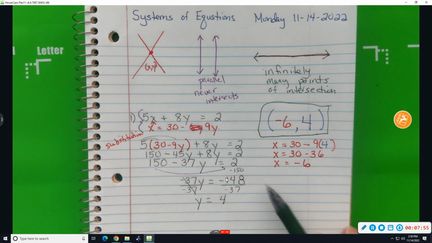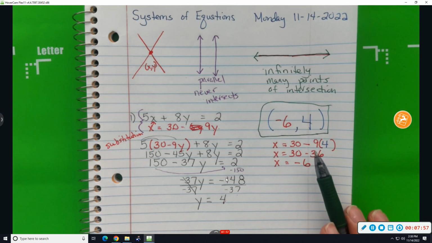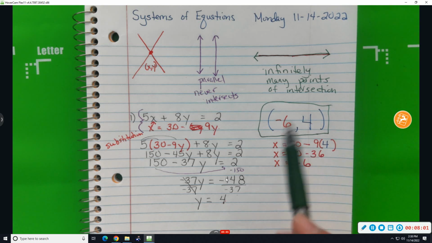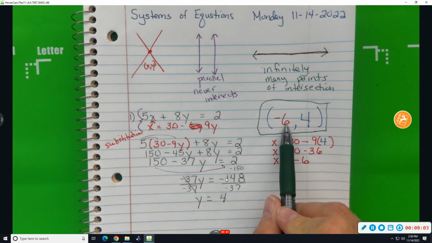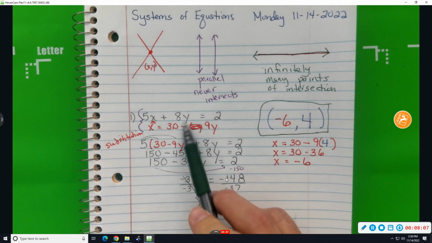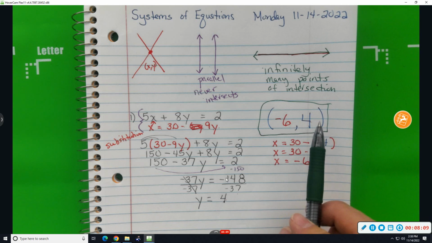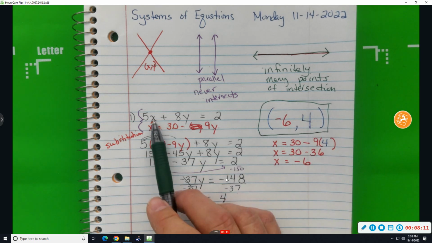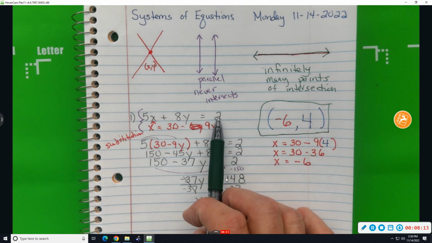And you can sort of check this, if this were a test and you wanted to make sure you had it right, by plugging this number in for x and this number for y. If I plug a negative 6 in for x and a 4 for y, am I going to get a 2?